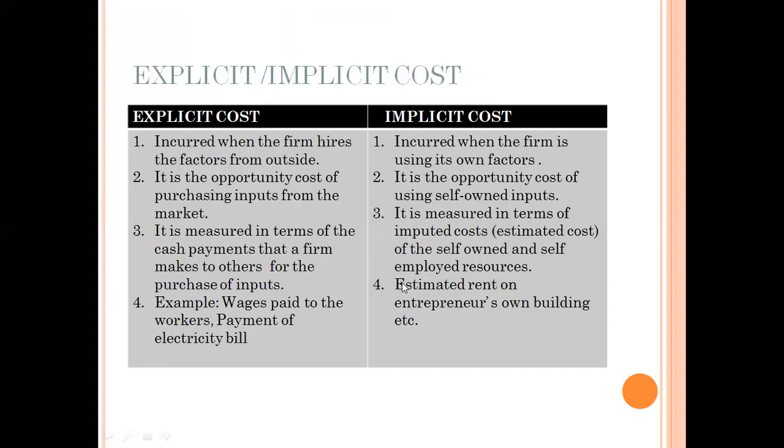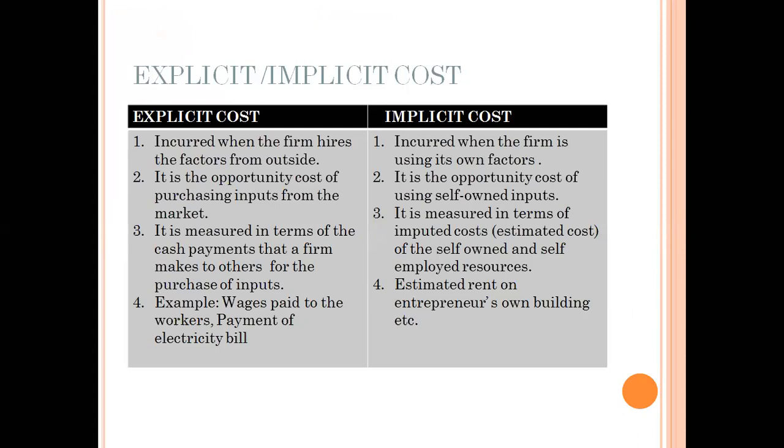Then what is the difference between explicit and implicit? Remember, explicit cost is the cost which we are paying to outsiders, whereas implicit cost is the cost which is incurred on self-owned resources, right?